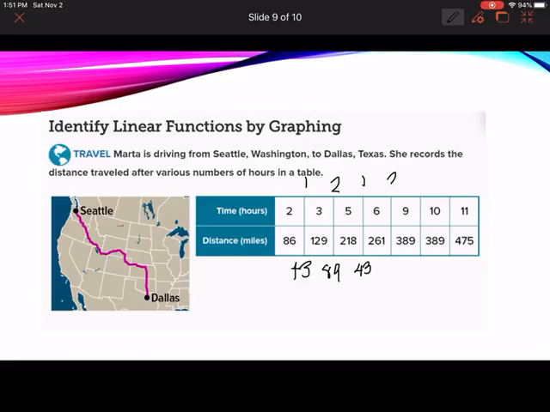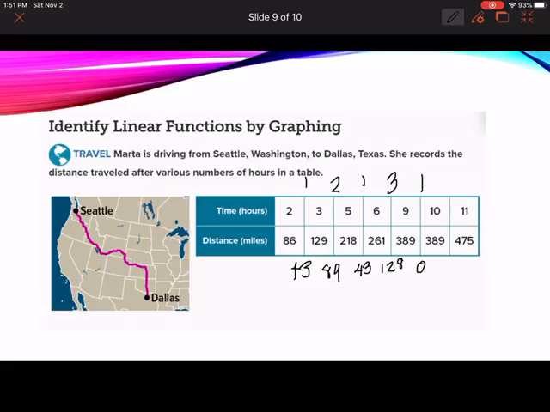And then here we have 3, and that's 261 minus 389. So that's 128. And then we have 1 again, and then there's 0.